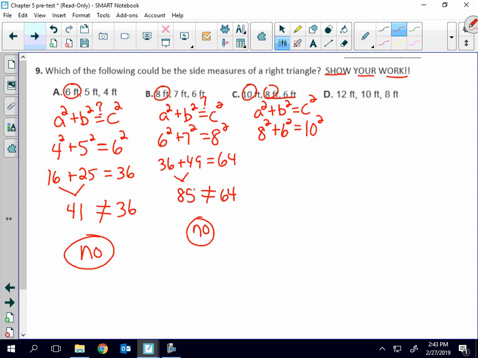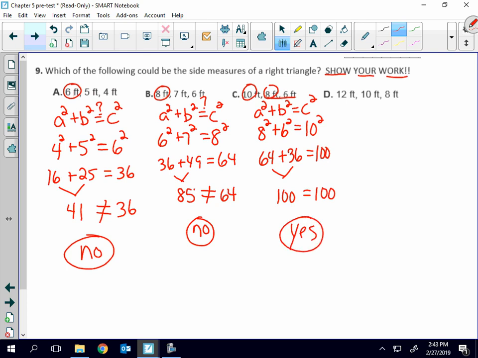Is this true? Let's see, 64 plus 36, does that equal 10 times 10? 64 and 36 gives me 100. 100 does equal 100, so yes, this is a right triangle.